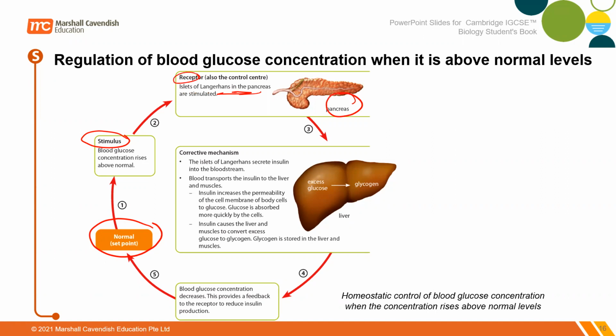Once إنه stimulated هيعمل إيه؟ هيعمل corrective mechanism. هيروح ببساطة جدا رايح لكل البادي سيلز وهيحدف لها انسولين عشان تابزورب more glucose inside. طب الباقي excess amount of glucose will be converted to glycogen.